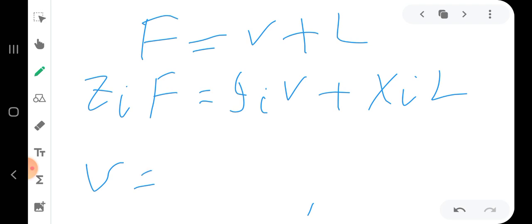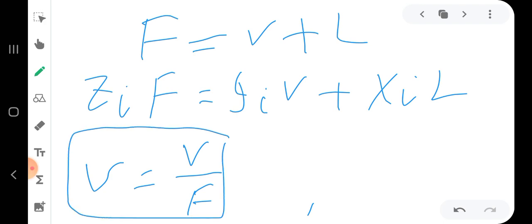Mu is equal to the amount of vapor produced from the process divided by the feed, V over F. For the liquid we will have the same quantity called the liquid percentage, which is liquid over the feed, or in other words 1 minus mu.